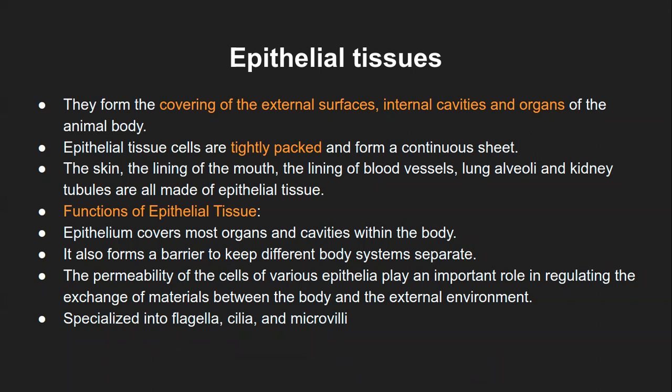So when you have epithelial tissue as one line, and when it folds at certain points, that is nothing but the microvilli structure. And why is it present? Just to increase the surface area of the epithelium within the intestine, these microvilli structures are present in the intestinal epithelium. So these are the functions of epithelial tissue in general.